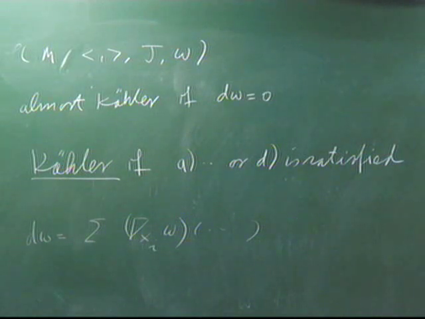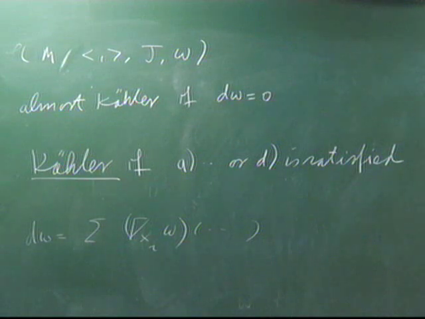Do you know what else it implies? Pardon? The complex structure is integrable, yes, sure. That's the only thing on the blackboard, absolutely, but it has other consequences which aren't on the blackboard.